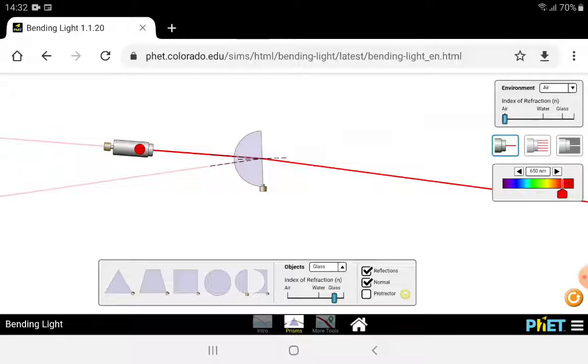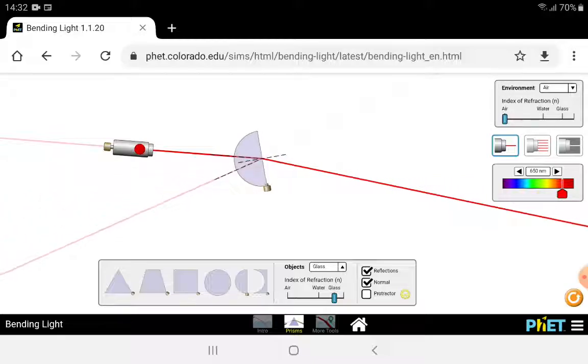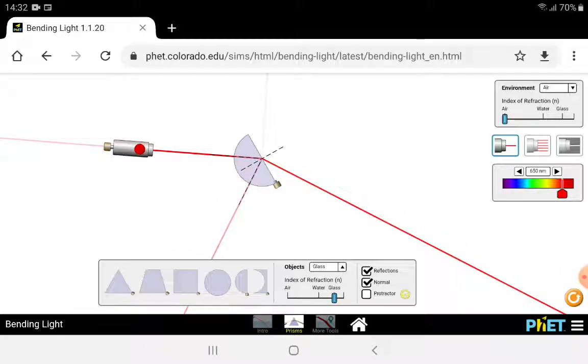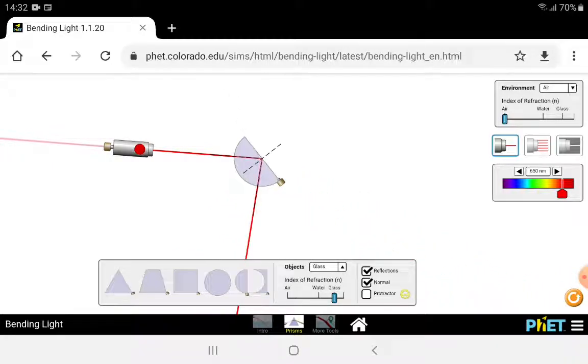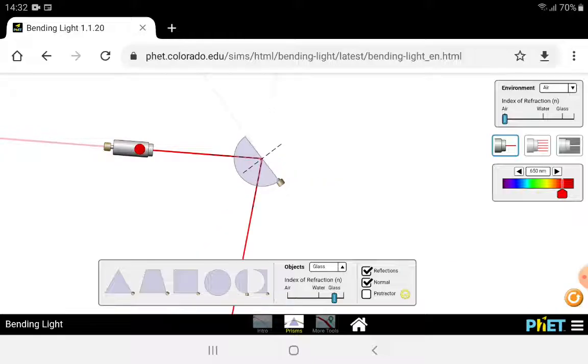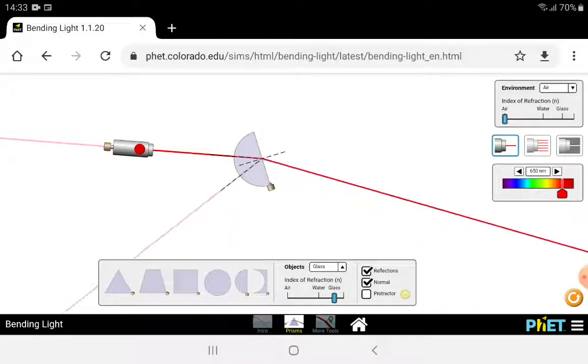Now, you see clearly that we are increasing the critical angle until we have reached exactly 90 degrees, around there. But you see clearly when I increase that angle, we will get a complete reflection.